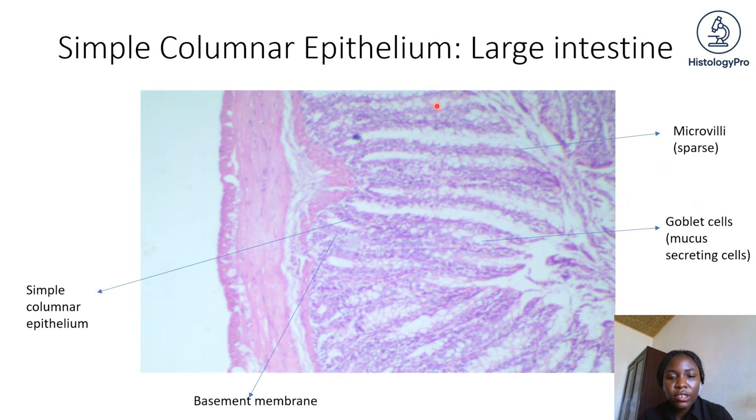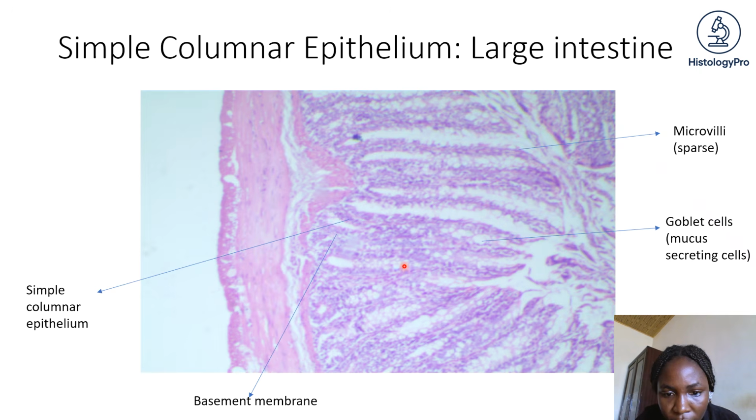This slide shows the photomicrograph of the large intestine. The large intestine shows simple columnar epithelium. We can see the cells arranged in a single layer.